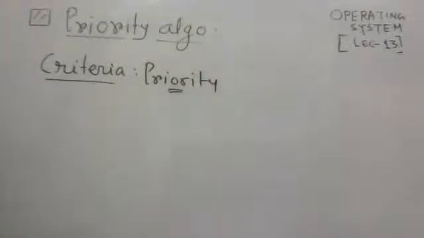Every time we have to check the priority of each process. The process having the highest priority, we choose from the ready queue and put into the CPU for execution. So here the criterion is priority.